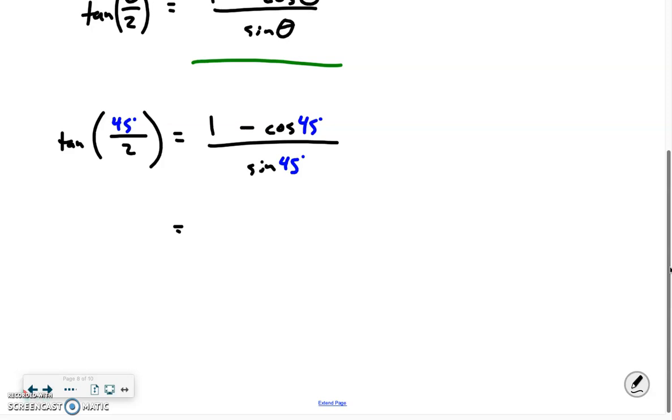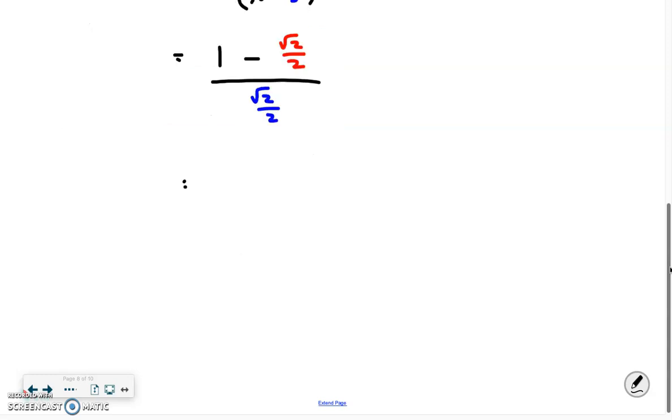We do need to find what is the cosine of 45 degrees, and using the unit circle, we know that the cosine of 45 degrees is going to be the square root of 2 over 2. That's over the sine of 45 degrees, and we know that the sine of 45 degrees is also root 2 over 2.